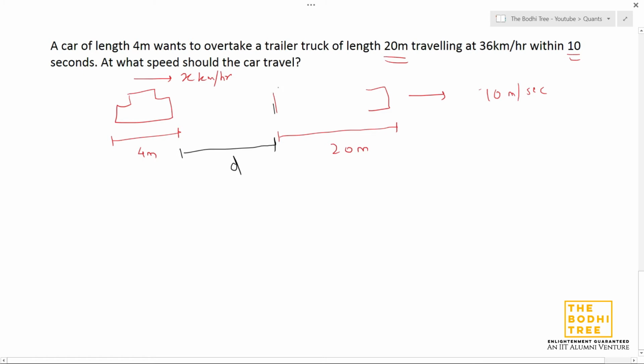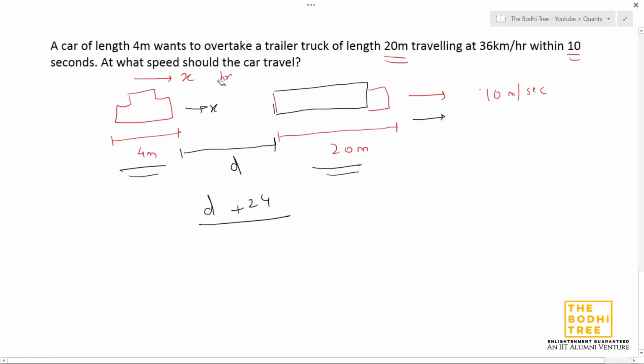If we don't do that, suppose we take the distance between the two as d. Then it will have to cover d plus 4 meters of its own length plus 20 meters of the truck's length, so d plus 24, upon x minus 10, where the truck travels at 10 and the car at x meters per second, and this has to be 10.